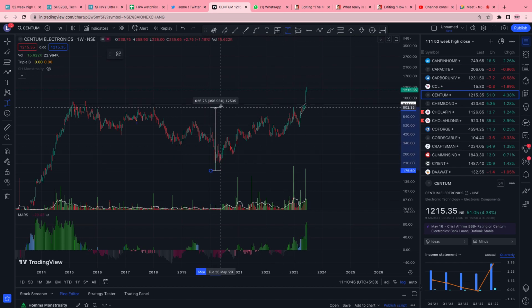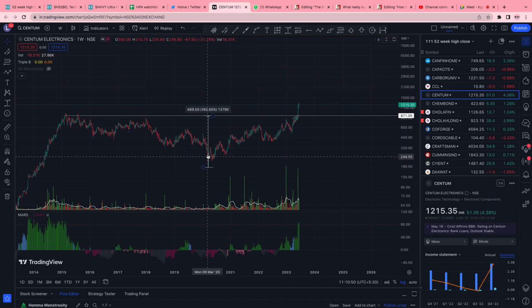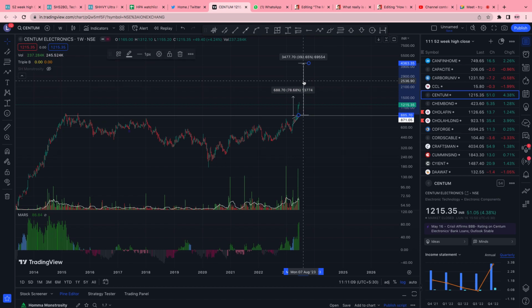This might not be true every time, but if you just see the depth of the base, which is 689 rupees, then if you subtend 689, this is one way to say that okay, 689 ऊपर तक तो जाएगा. And the second is just subtend it in terms of percentage.